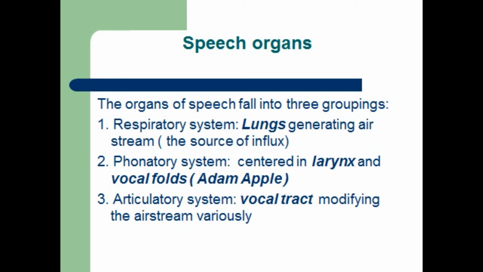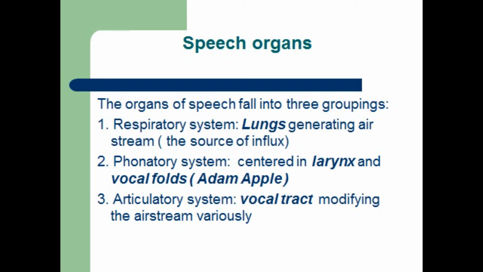Number one, respiratory system, that is the lungs, generate a stream, and the lungs are the source of influx. Without air, as we mentioned before, speech sound cannot be produced. Number two, phonatory system, in which speech sounds are modified, and this phonatory system is centered in the larynx, and vocal cords play the major role in the modification of the speech sounds.